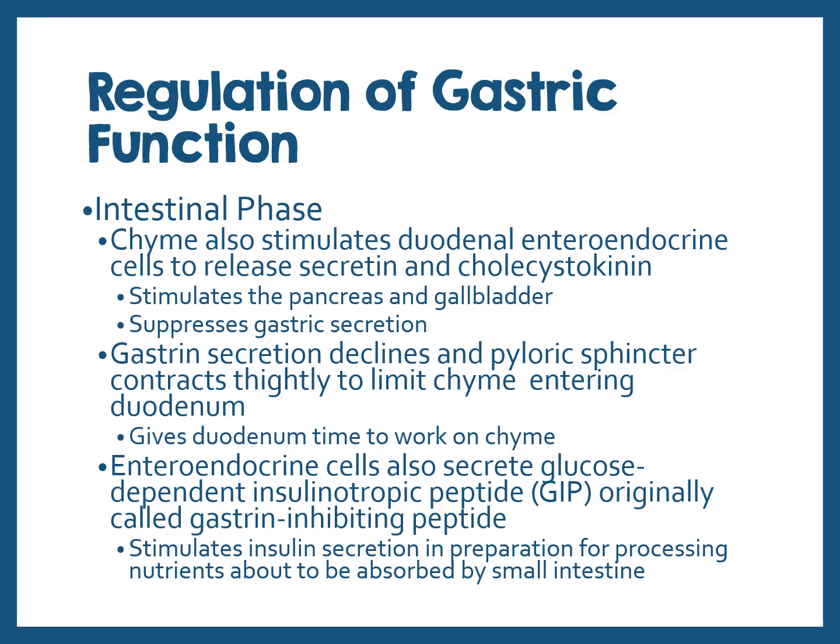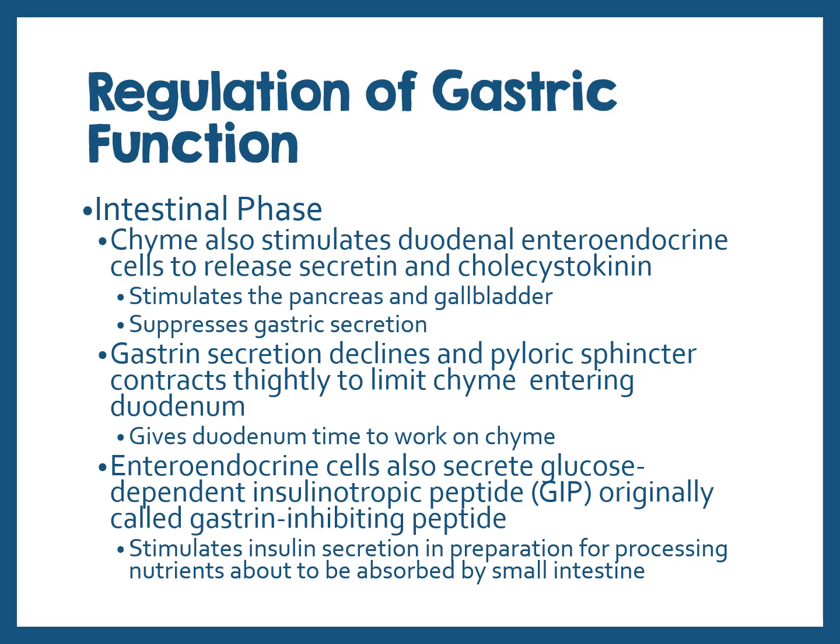Chyme present in the duodenum also has an effect on the enteroendocrine cells that are present in the duodenum. And it causes these cells to release secretin and cholecystokinin. Both of those will stimulate the pancreas and the gallbladder to start releasing substances, and it will suppress or inhibit the gastric secretions.